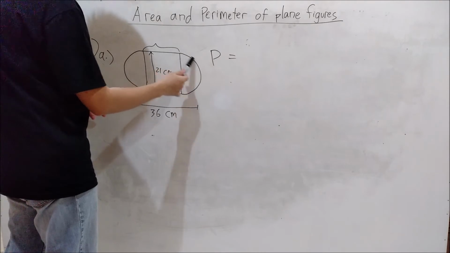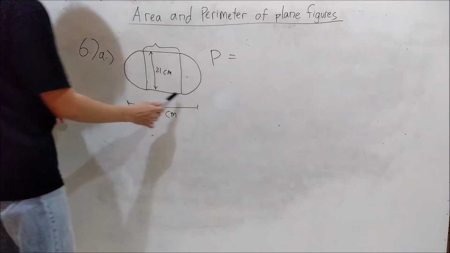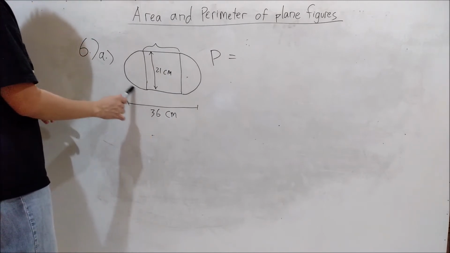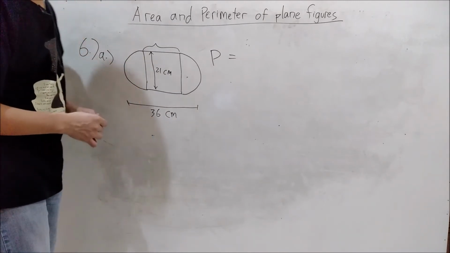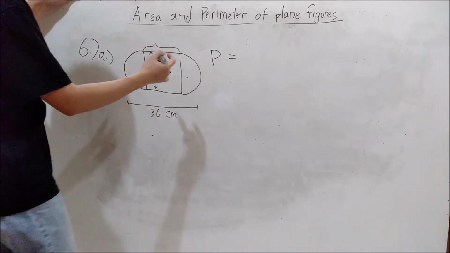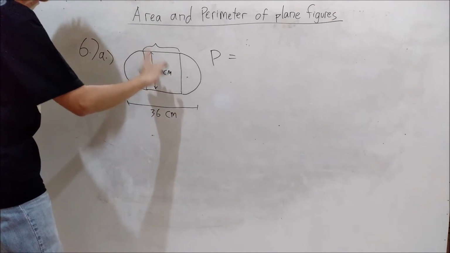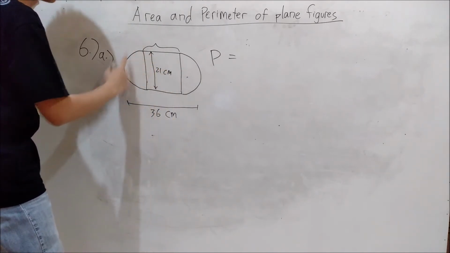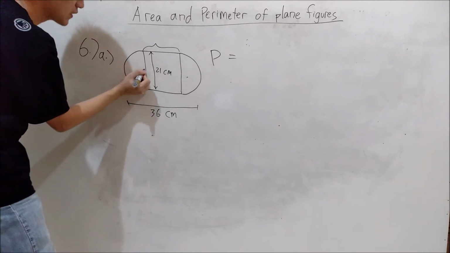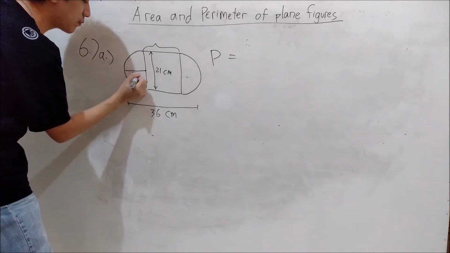And then I will add the perimeter of a semicircle, another length, and then another perimeter of a semicircle. Since we know that the height of the rectangle is 21, we know that the diameter of the semicircle is 21 as well. Therefore, we have a radius of 10.5.